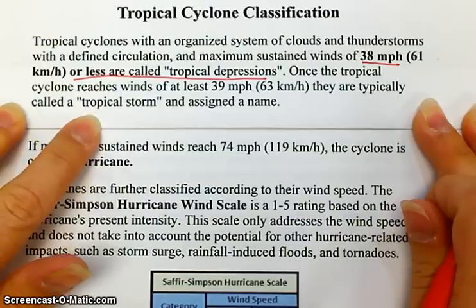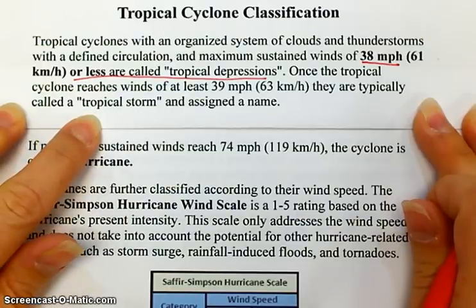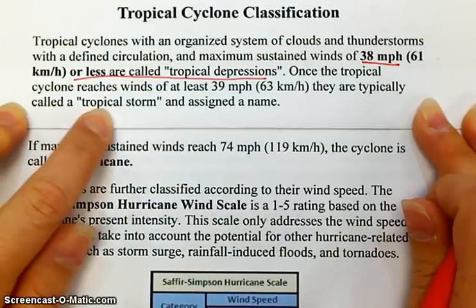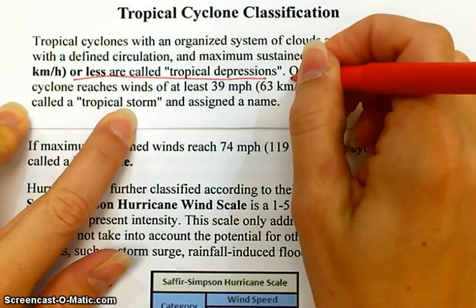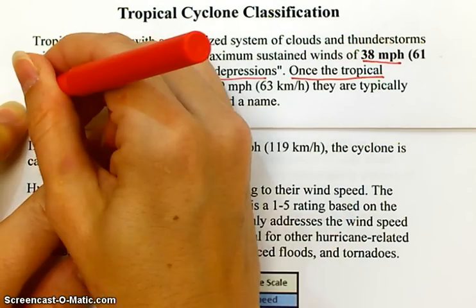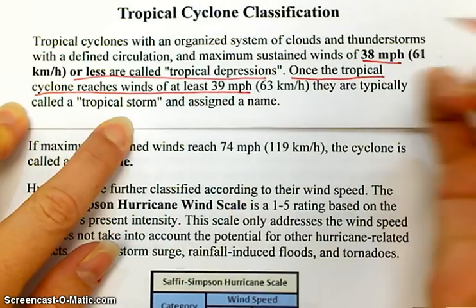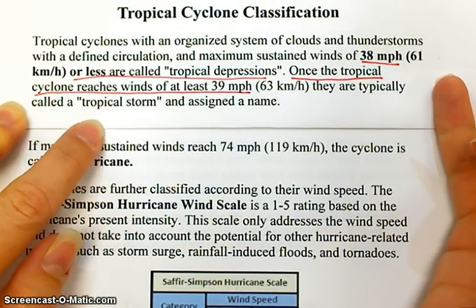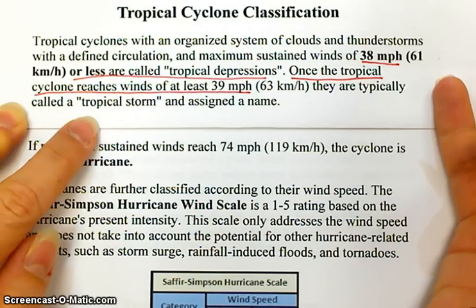Okay? Now, once the tropical cyclone reaches winds of at least 39 miles per hour, they are typically called a tropical storm, and they are assigned a name. So it would become Tropical Storm Berto or Tropical Storm Cecilia, or what have you.